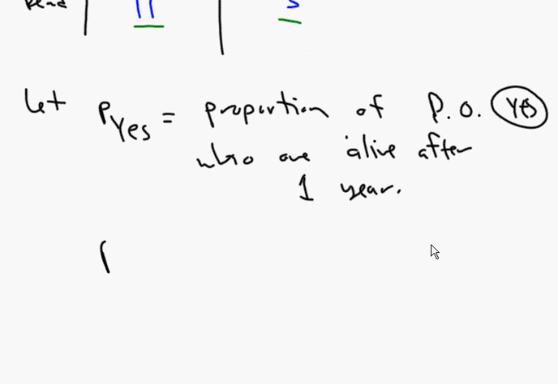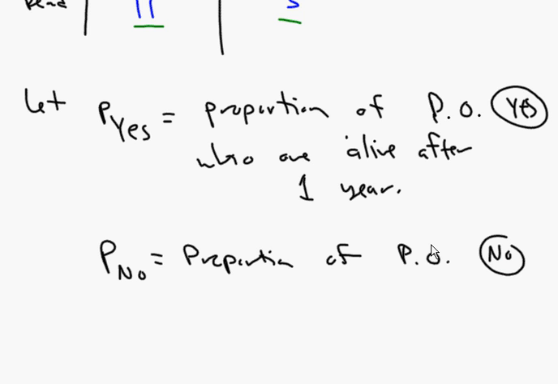And then we're going to let P-no be the proportion of people who said no, they don't own a pet, who are alive after 1 year. Okay? So I've restated what I'm interested in terms of proportions.